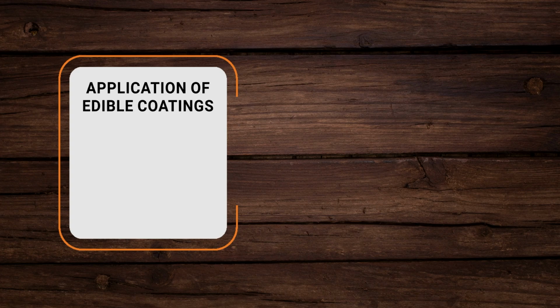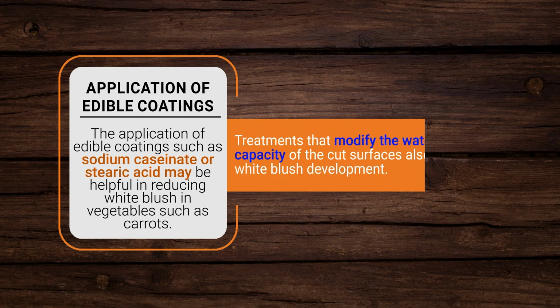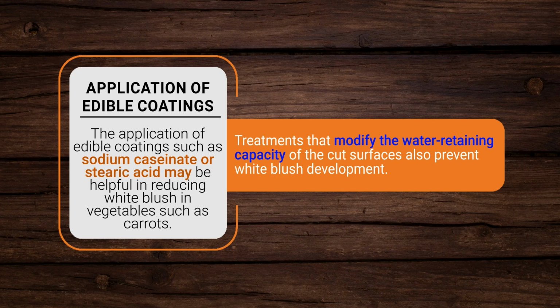Application of edible coating can also be put to the slices or the cut portion. Sometimes edible coating is also applied for the whole fresh produce. For this purpose, sodium caseinate and stearic acids could be examples. Even people have used some other proteins, or sometimes a protein and starch matrix taken together, and used it as the coating on the surface.